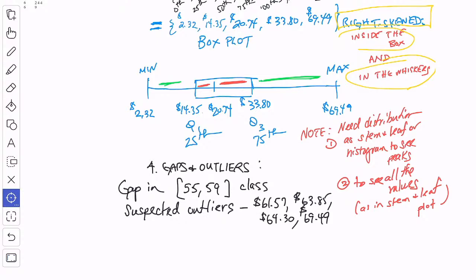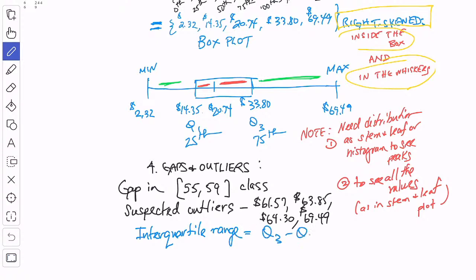So it turns out when I take this range, what do I get? That's called the interquartile range. Let's calculate the interquartile range, which is equal to Q3 minus Q1.